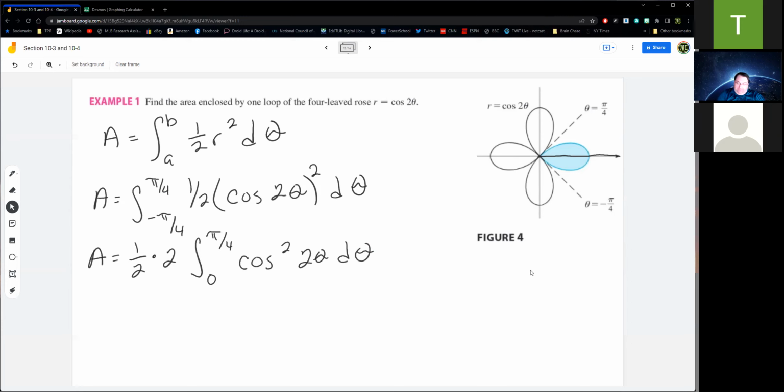All right, so I can't do the integral of cosine squared, so I have to use the half angle formula for it. So it's 1/2 times 1 plus cosine 4 theta.